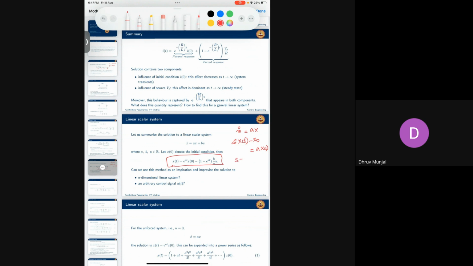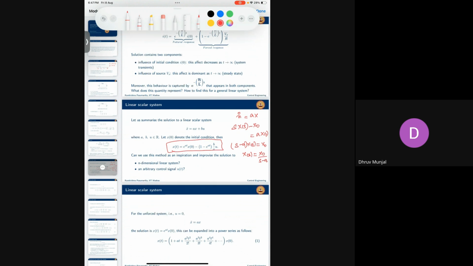So this will become (s minus a) into X of s equal to x naught. This will give me X of s is equal to x naught by (s minus a). So if you take an inverse Laplace transform, this will become e power at x naught, right? Whatever initial condition you are assuming. If it is 1, then it will be e power at only. Otherwise, it will be e power at into x naught. So that is what has been represented here.